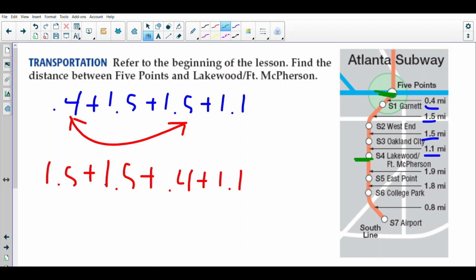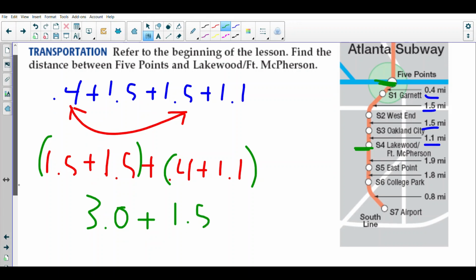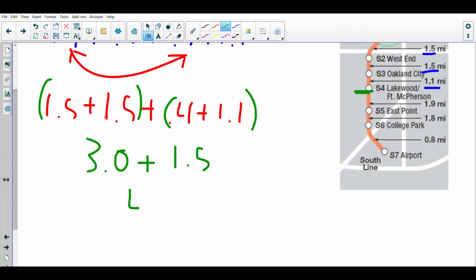Now I'm going to use these two and these two together. 1.5 plus 1.5 is just 3, well, I'll say 3.0 since we're working with decimals. And 0.4 plus 1.1 is just 1.5. Now it's two simple numbers put together, and I just get 4.5. So it is 4.5 miles away.